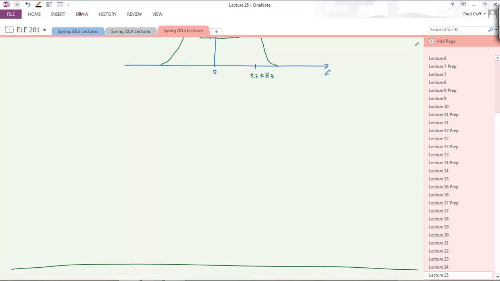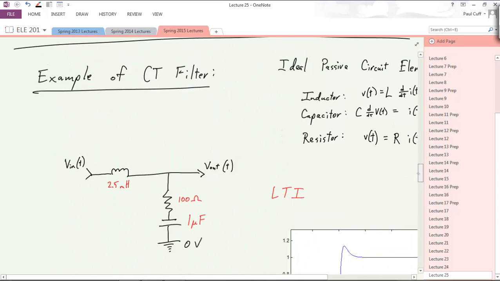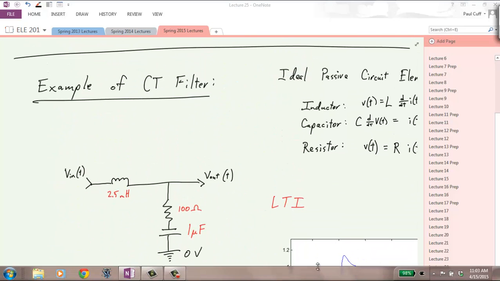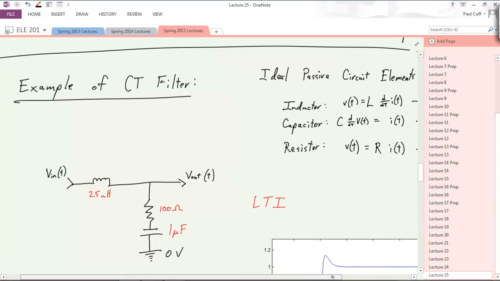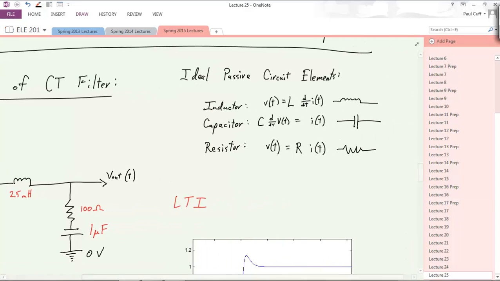So what we're going to notice is these equations we have for inductor, I'll come back here to these equations. The equations we have for inductor, resistor, and capacitor can all be rewritten in the frequency domain. In other words, take a Fourier transform of both sides of these equations, and each becomes another expression.